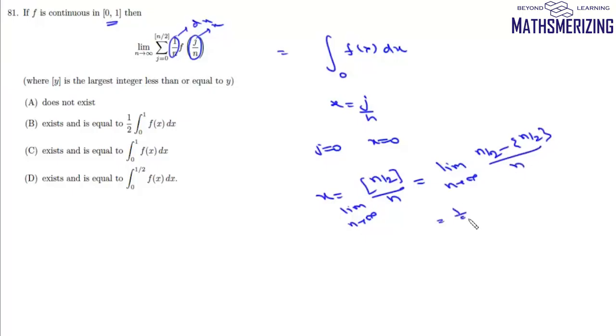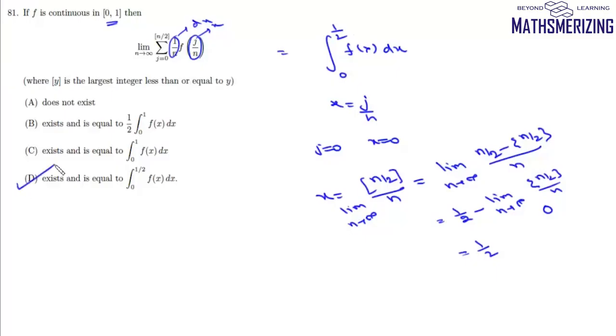So it will be 1 by 2 minus this limit as n tends to infinite of the fractional part of n by 2 upon n. Now the fractional part always lies between 0 and 1, so anything finite upon infinite is 0. So the value of this limit is 0. So the upper limit of this function will be 1 by 2. So we can write this limit as this integral from 0 to 1 by 2 of f(x) dx, and that's your option number D.